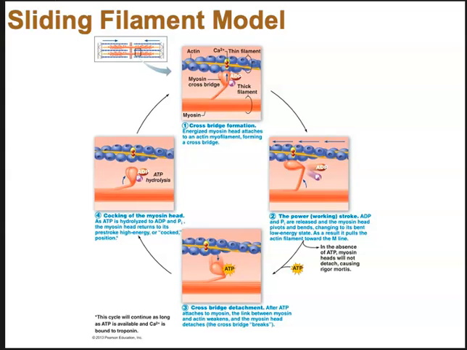The myosin head swivels, and that's the power stroke. They release ADP, because they've used up ATP, and that allows it to detach. So we need to understand that we need ATP and calcium presence for the sliding filament model to occur.